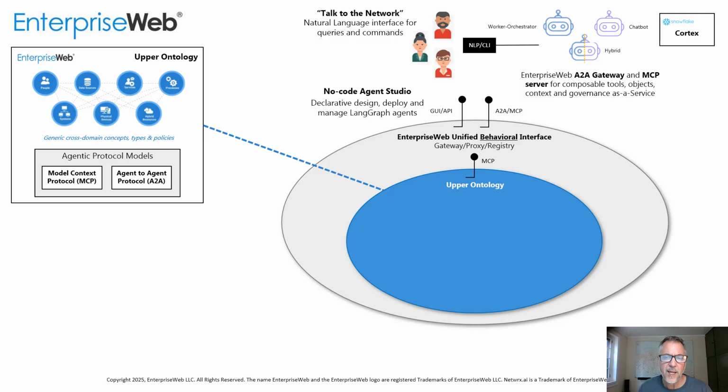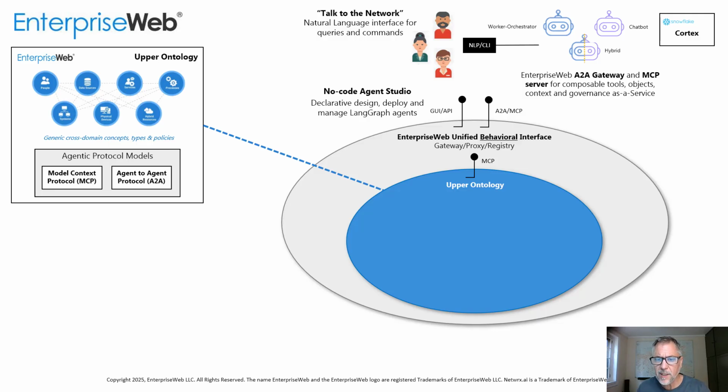We also have a rich model of system types. So we know what protocols, formats, and schemas are. We also know various types of interfaces to clouds. So we understand AWS native services, Azure native services, GCP native services, as well as Snowflake native services.